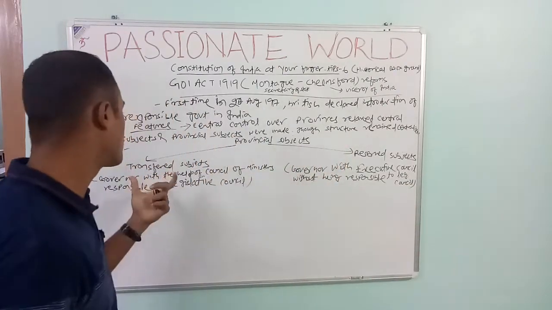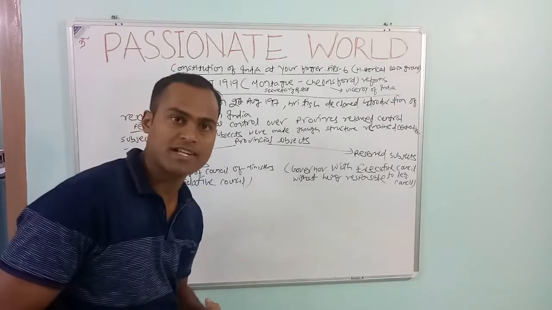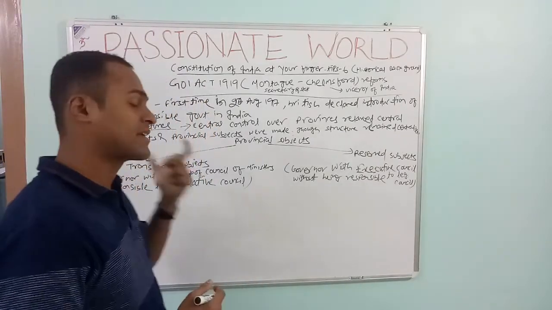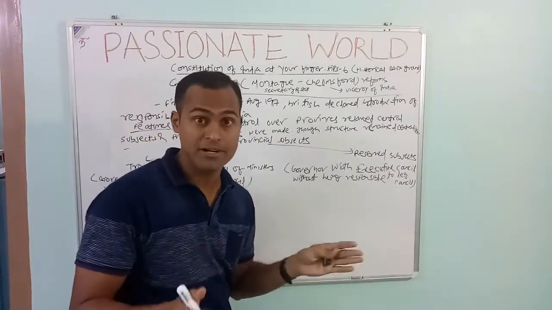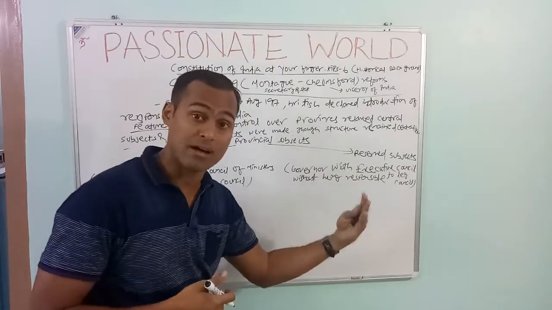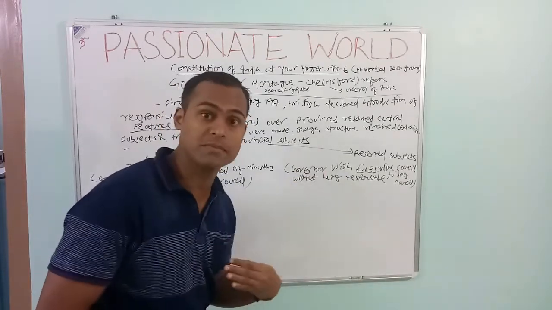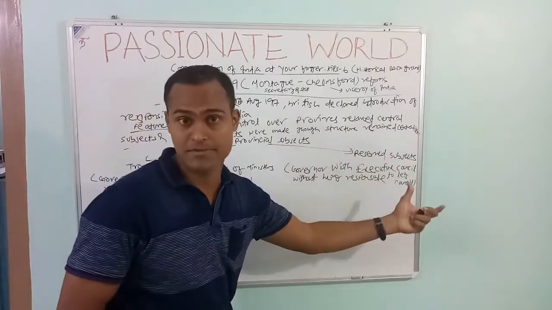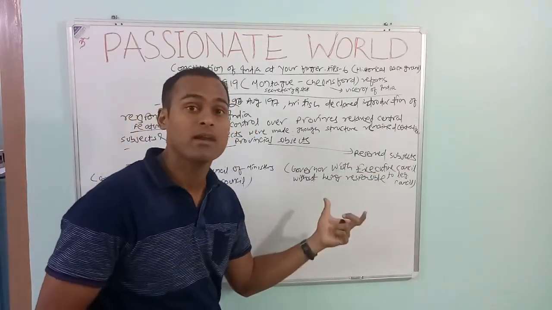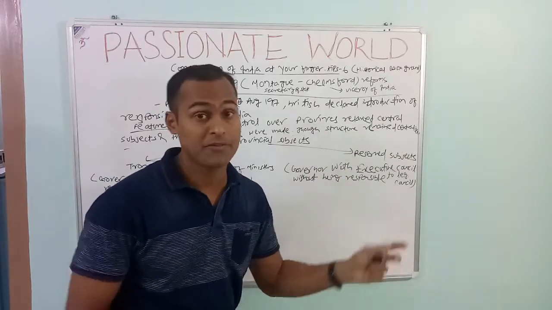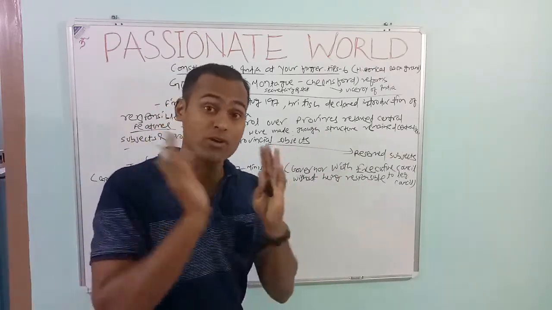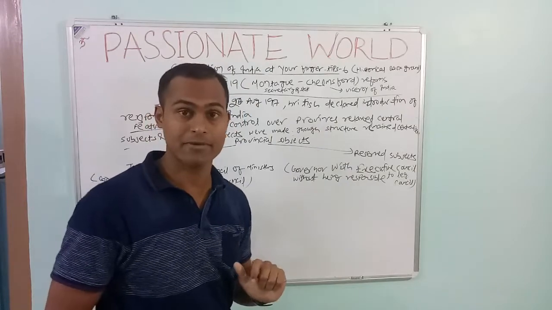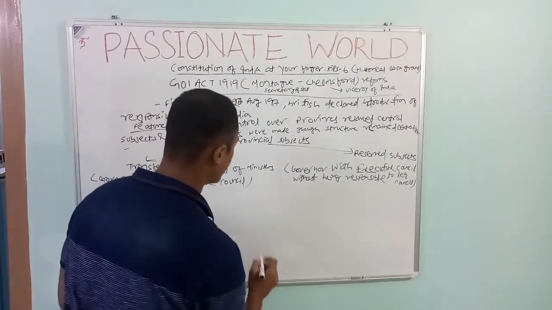It was divided into 2: one is transfer subject and the other one is reserve subject. Transfer subjects are dealt with by the governor with the help of the Council of Ministers who are responsible to the Legislative Council. But the reserve subjects were to be dealt with by the governor with the Executive Council who are not responsible to the Legislative Council.